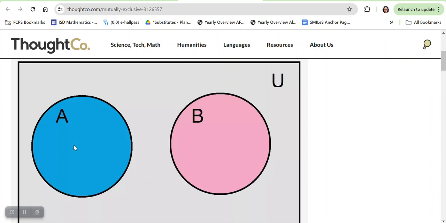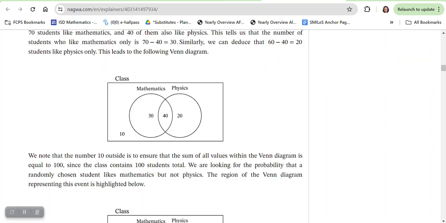So maybe like 50 times it landed on heads and 49 times it landed on tails, but it's never going to land on both heads and tails, so there's no overlap. Sometimes it would look like this, and then sometimes it would look like this, but they would just have a 0 in the middle to explain that you're never going to have both things happening at once.